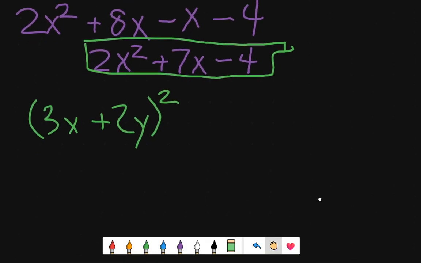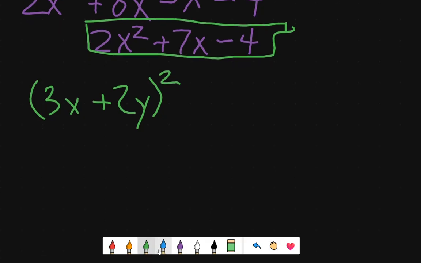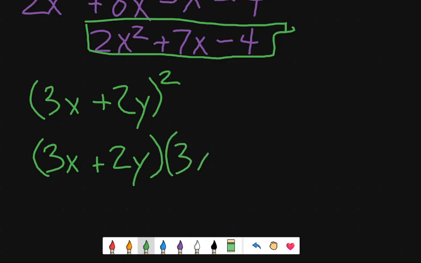Let's write that all the way out. And as you practice more on these, you'll get better with this. You'll probably be able to do it without expansion, but let's do it now. So we have 3x plus 2y multiplied times 3x plus 2y. Because it's squared, that means we have the same terms.